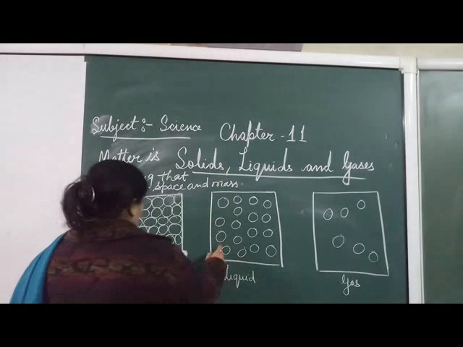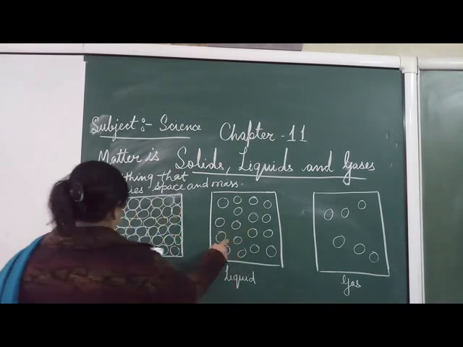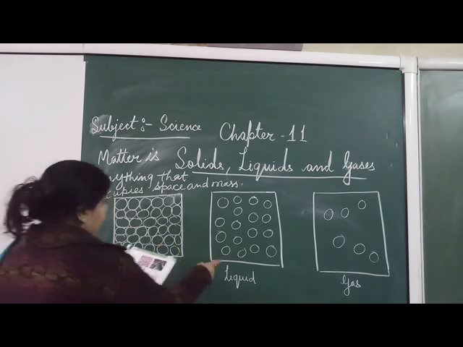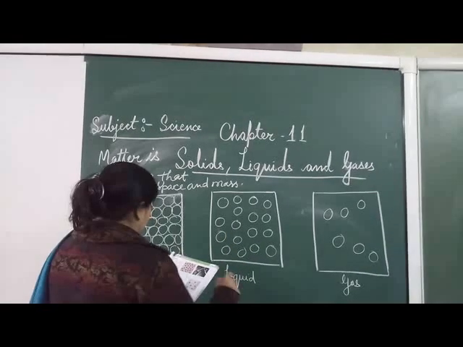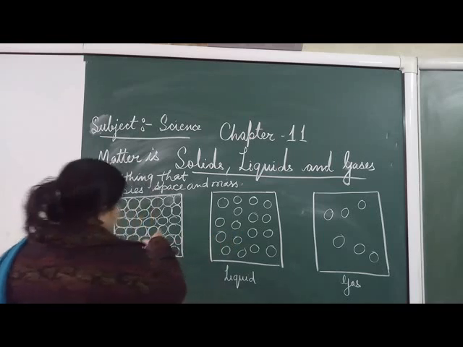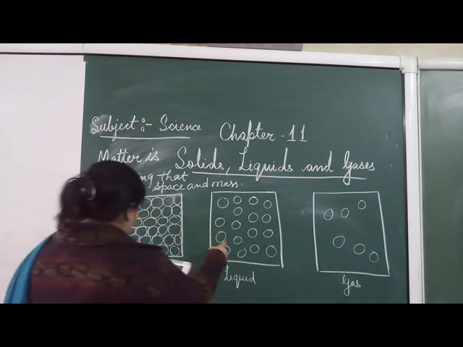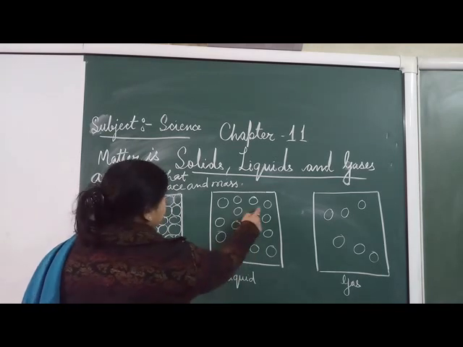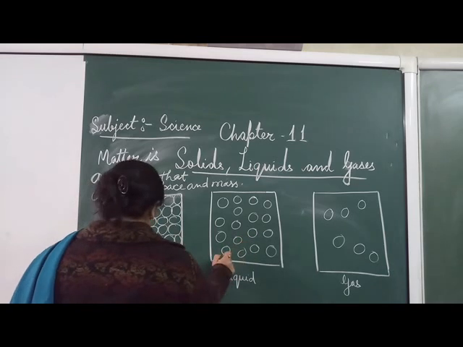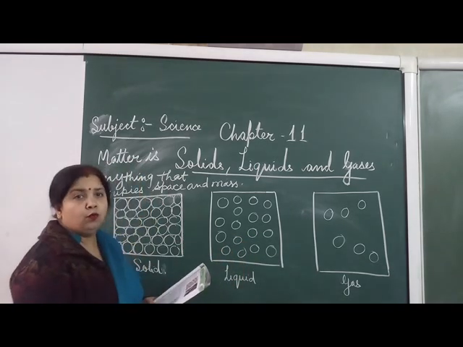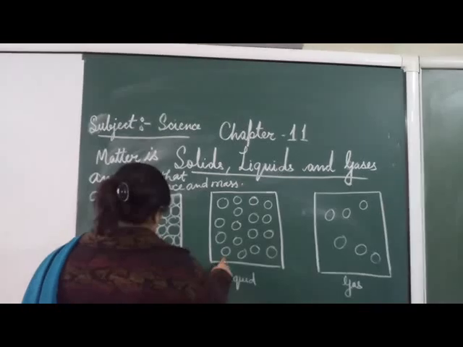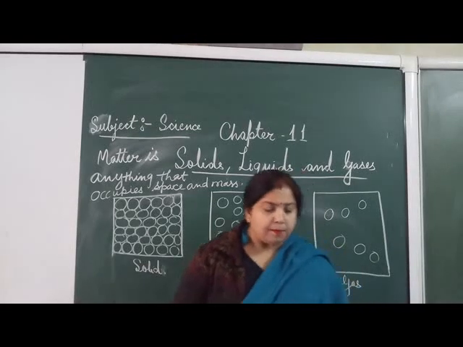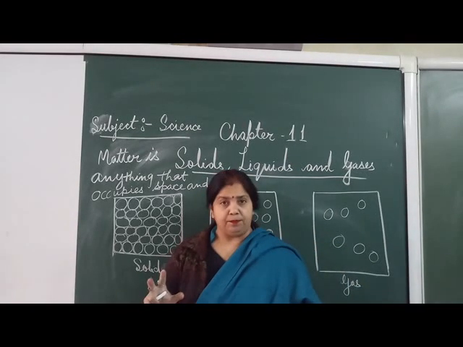Now in liquids, particles are not closely arranged as in solids. They are not arranged in a particular way as solids. They are not so close. There is some space between the particles which allows them to move. So that's why liquids have fixed volume, it means fixed mass, but not fixed shape.